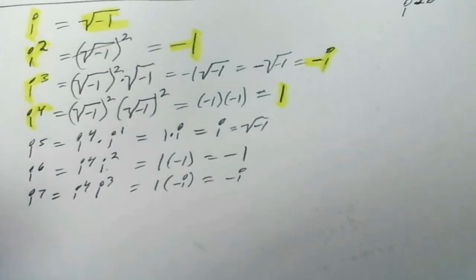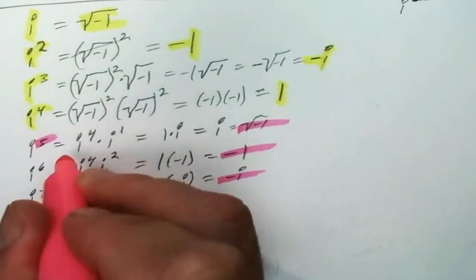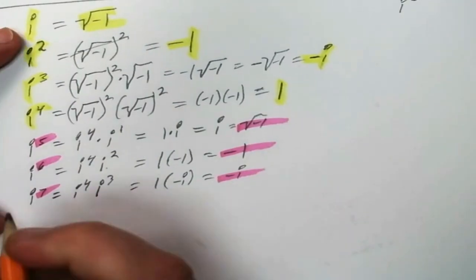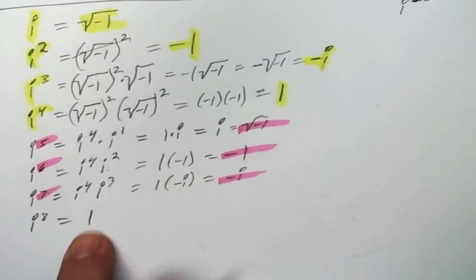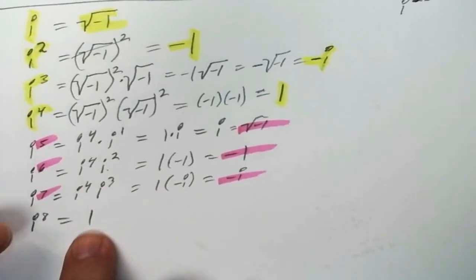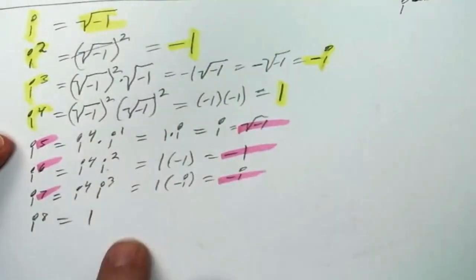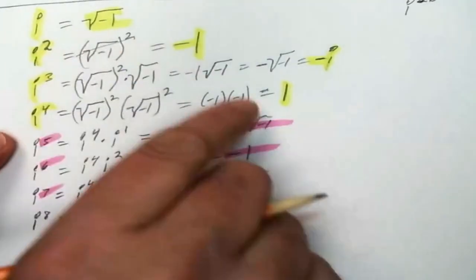What I'm seeing is this is just repeating, which means we can already guess that i to the eighth is just going to equal 1 because it's i to the fourth times i to the fourth. It's 1 times 1. So this repeats every 4, every 4, every 4.